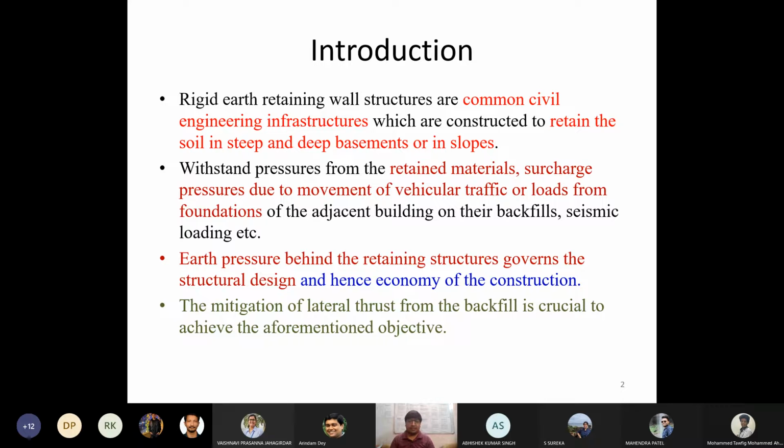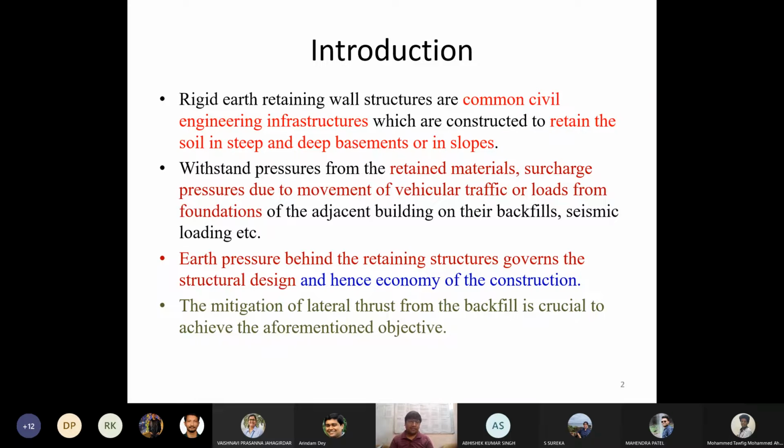So if you can somehow mitigate this lateral earth pressure, you can substantially reduce the cross-sectional dimension of your retaining wall, and that will be a good saving as well.